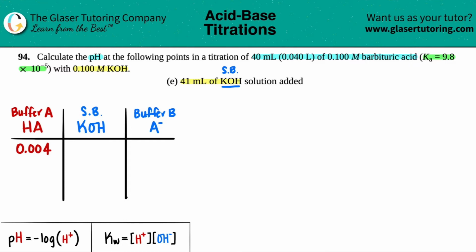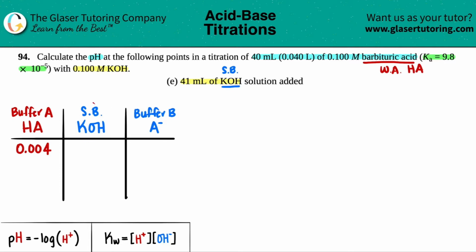This barbituric acid, I've never heard of this before, other than this number. So it's not one of my strong acids, it's a weak acid. And we just denoted it by saying HA. So that's where this is coming from. The buffer acid, A stands for acid. This is the barbituric acid, HA.